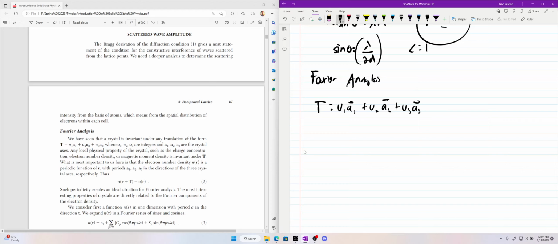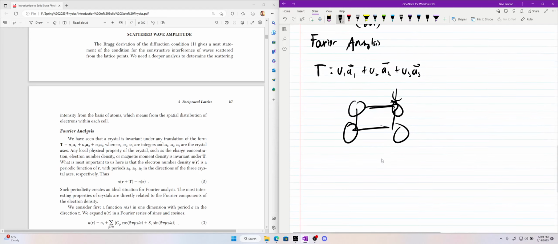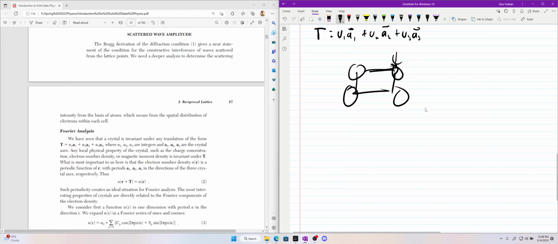And then if I have a crystal like this, and I move over by, like, 0, 1, 1, whatever, it looks the same because we're treating the crystal as an infinite amount of atoms. So the point is that none of the properties should change if you move along the crystal axes by integer multiples. That should mean that the charge concentration, electron number density, magnetic moment density, all that is invariant under T.